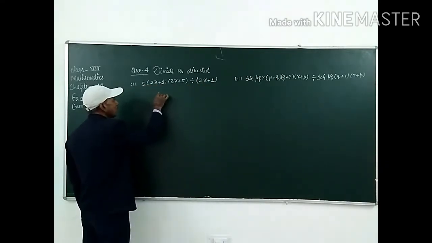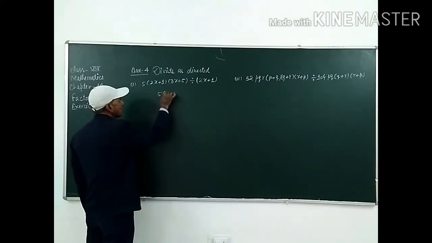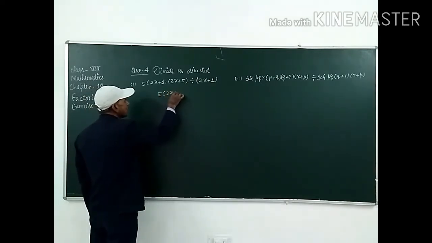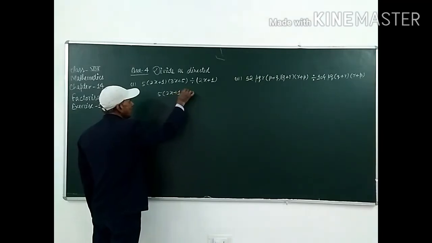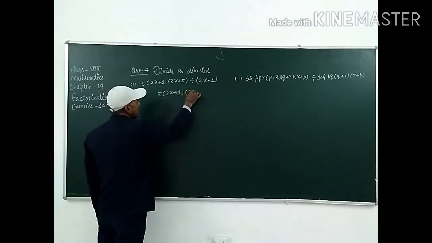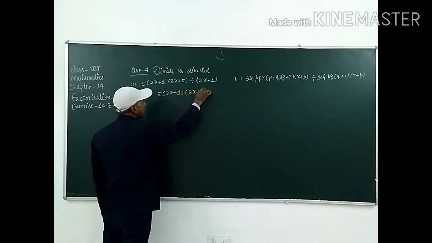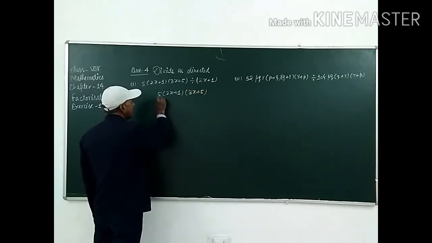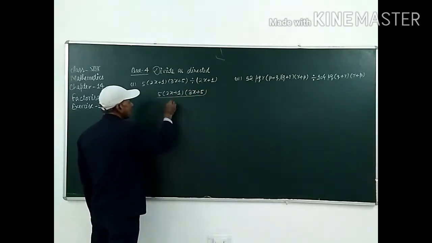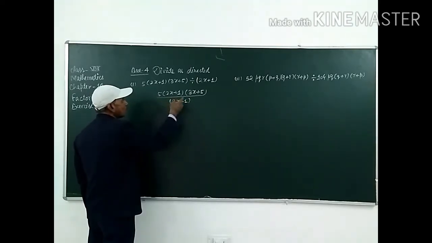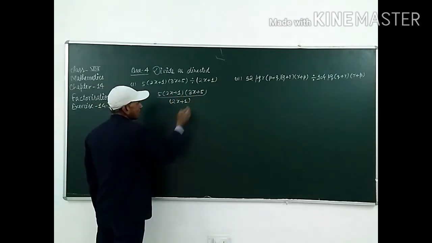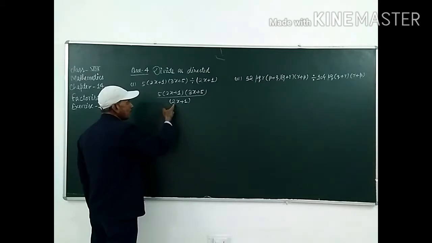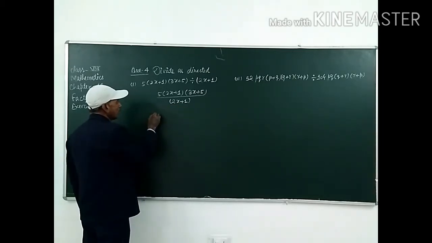We have to write this 5 into 2x plus 1 in one bracket and this 3x plus 5 in another bracket, and the denominator is 2x plus 1, meaning we have to divide this 5 into 2x plus 1 into 3x plus 5 by 2x plus 1.